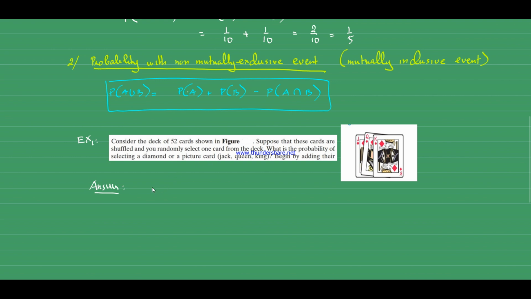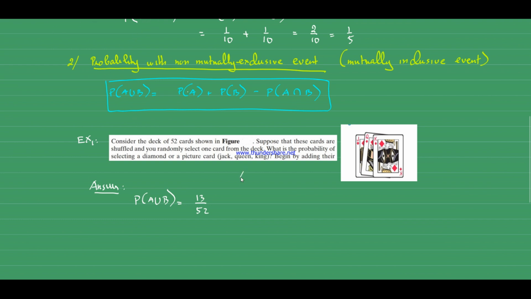So the first thing we've got to do is calculate the probability of getting a diamond, right? So in this case, we have the probability of A union B, with the probability of getting a diamond. So how many diamonds do we have? We have 13 cards for each shape. So we have 13 over 52. We have 13 diamonds in the card deck, right? Then how many Jack, King, and Queen? There are four different shapes, right?